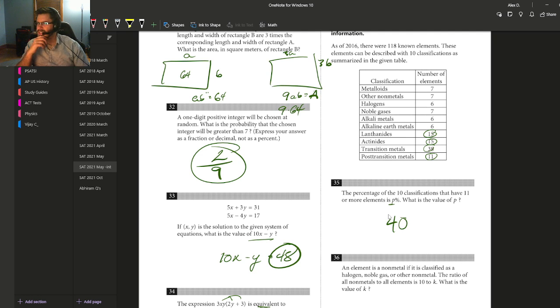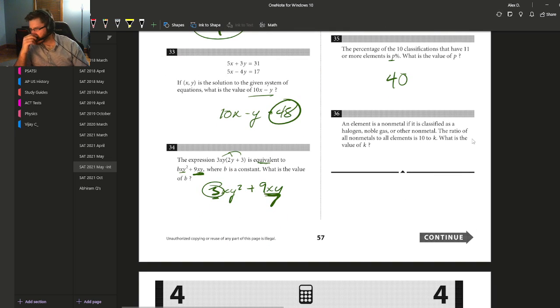They want it as a percentage. Yeah, percentage of the classifications, not percentage of the elements. Yeah, this seems too easy.